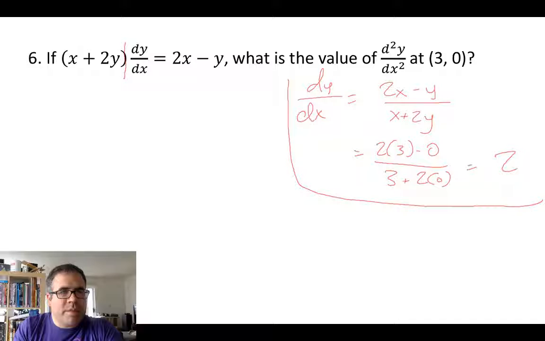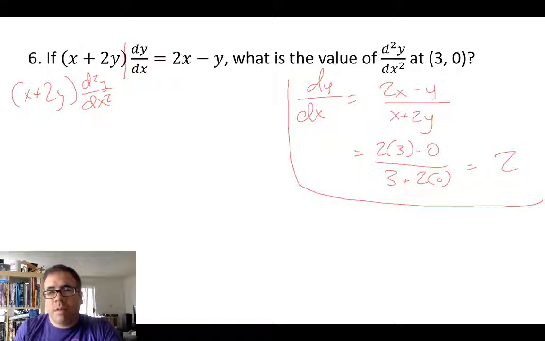We'll take the first, x plus 2y, times the derivative of the second. The derivative of dy dx is d squared y over dx squared, what we're looking for. Then we add the second, dy dx, times the derivative of the first, which is 1 plus 2 dy dx.